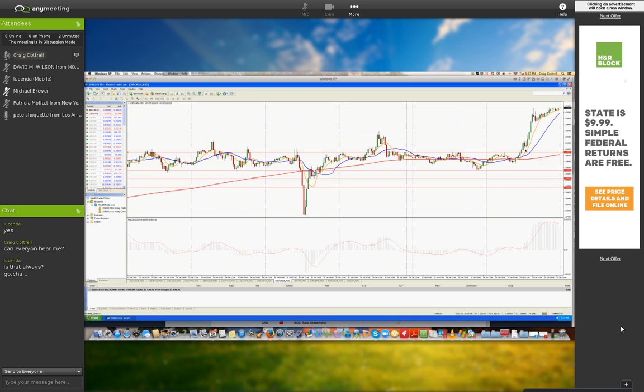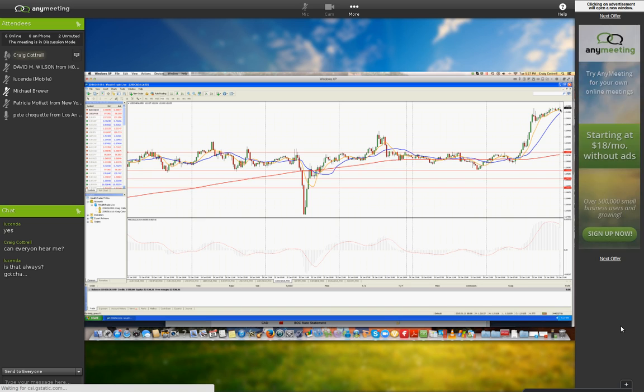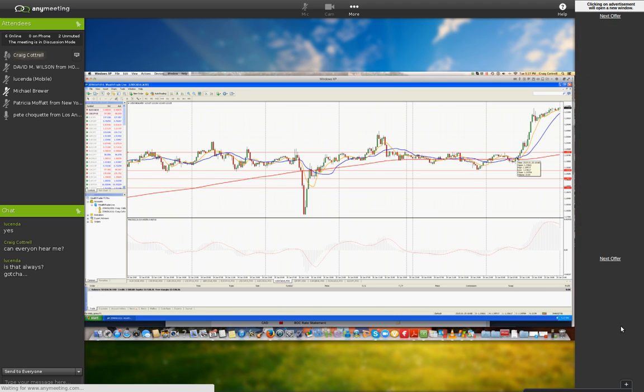This kicked off a huge uptrend, an enormous uptrend lasting all day long. This uptrend consists of the US dollar getting stronger and the Canadian dollar getting weaker, all tied to that negative manufacturing news on the Canadian dollar.